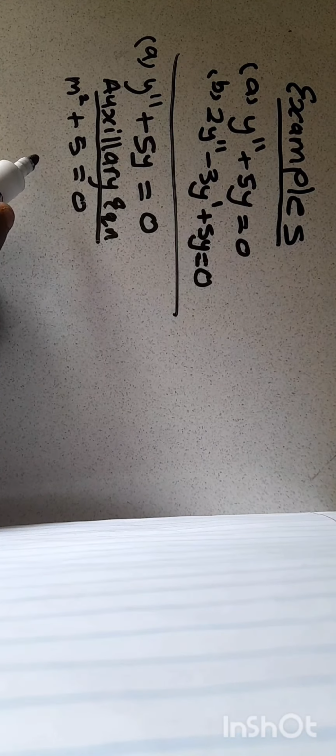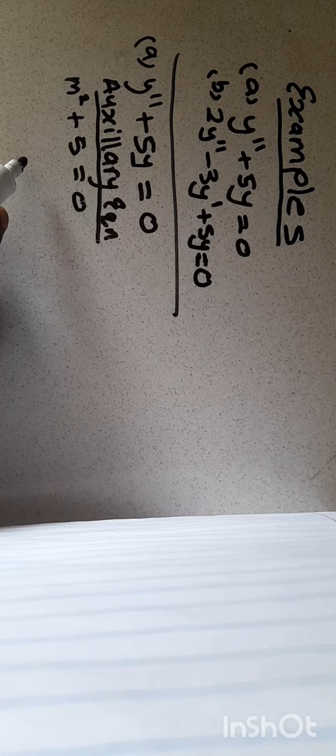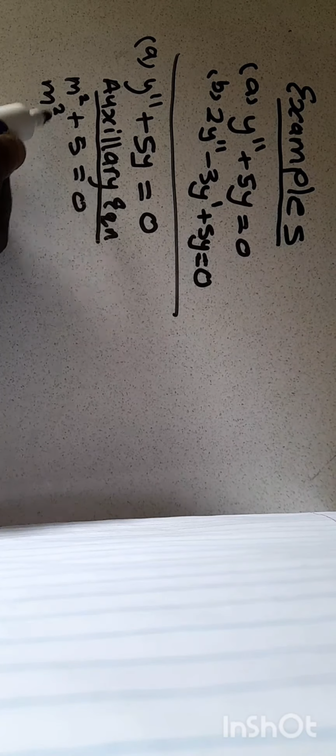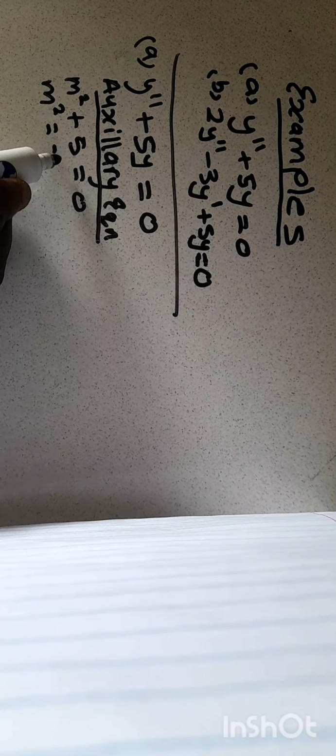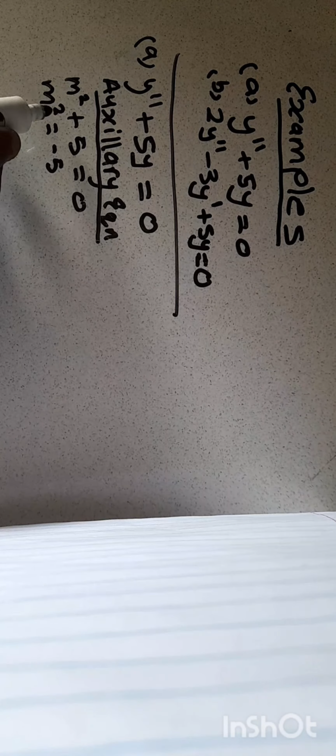So we can solve for m. This will be m squared equals minus 5. We can take the square root of both sides of the equation.